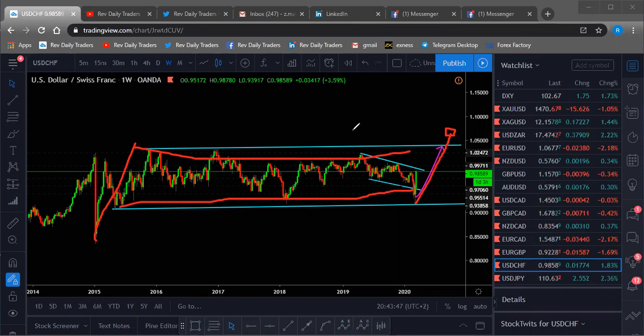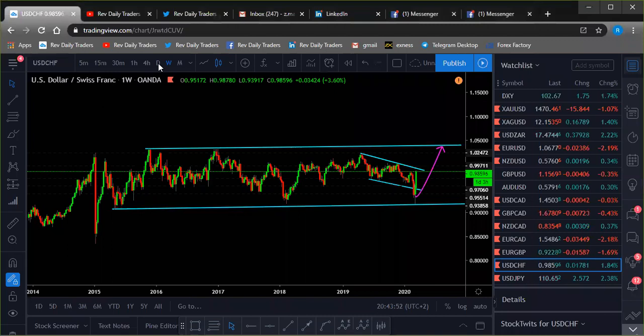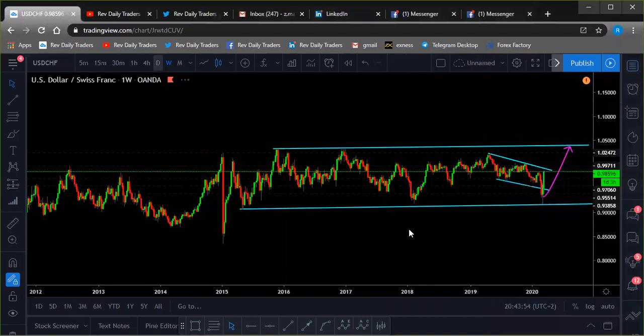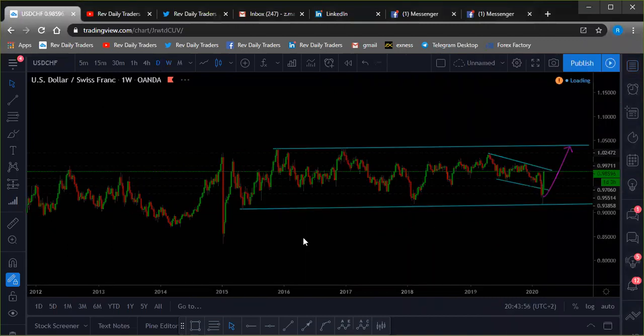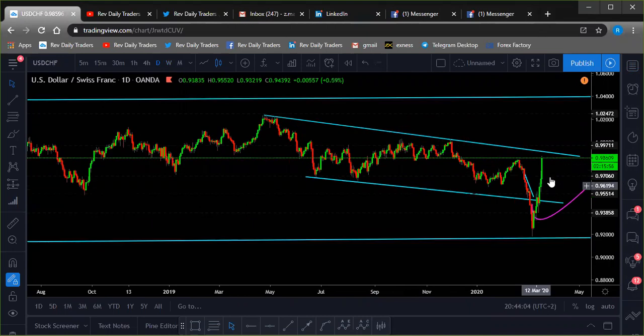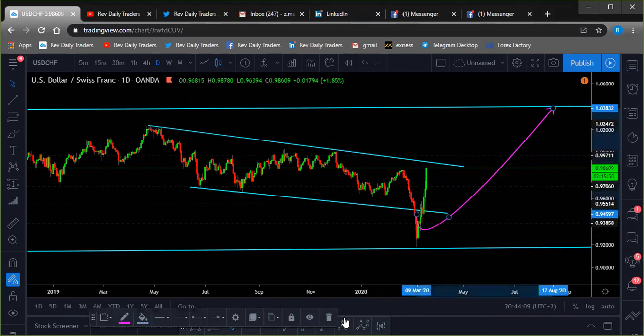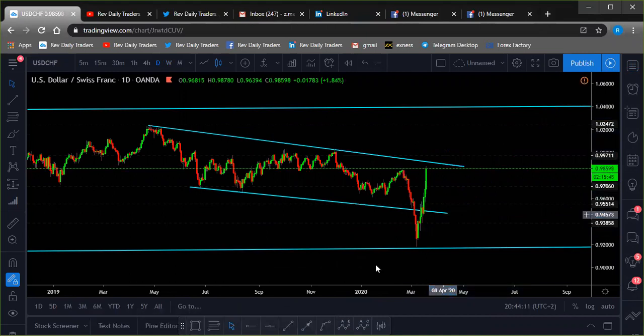It's what we are expecting. So what you need to do on lower time frame right now, it has moved aggressively, if you can see. It has moved aggressively.